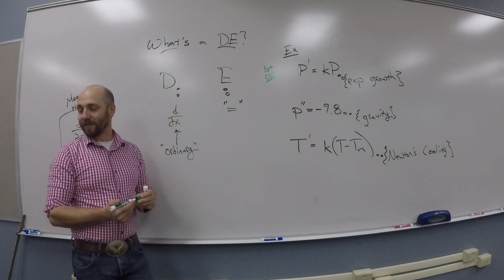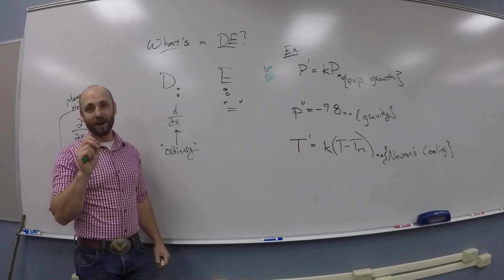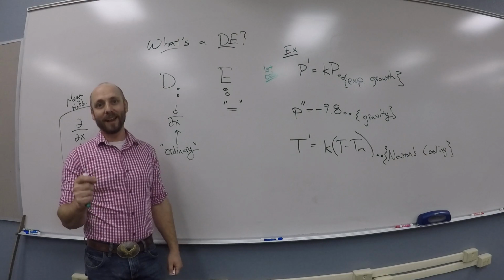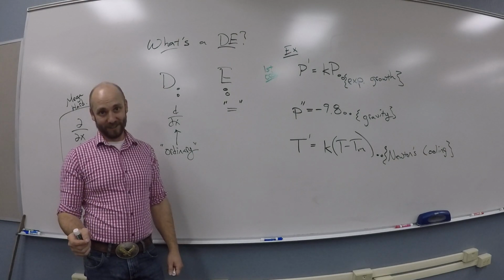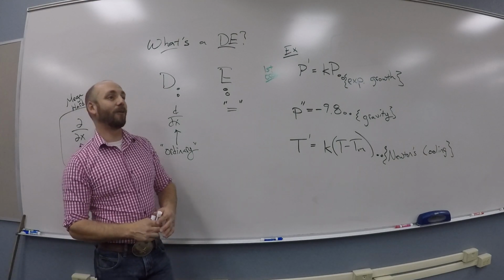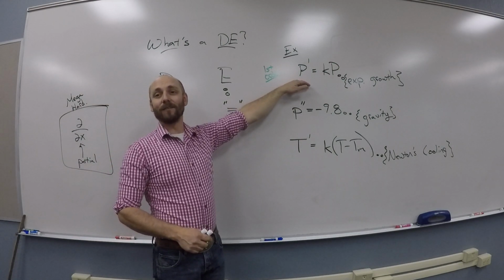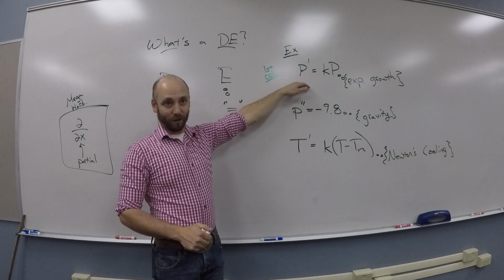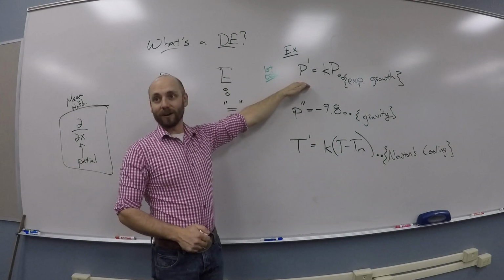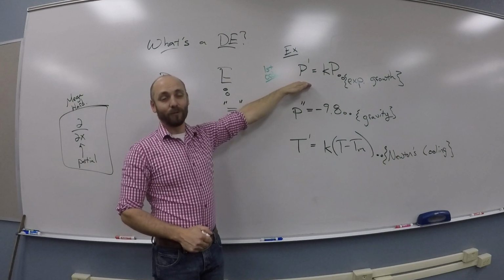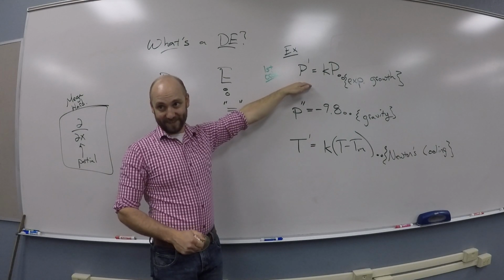So one of the tricks of differential equations is that the very first thing you should learn to do is just spit out all the words. So right now, what I know about this guy here is that it's a first order differential equation. I am later going to add that this is a first order linear differential equation with constant coefficients.